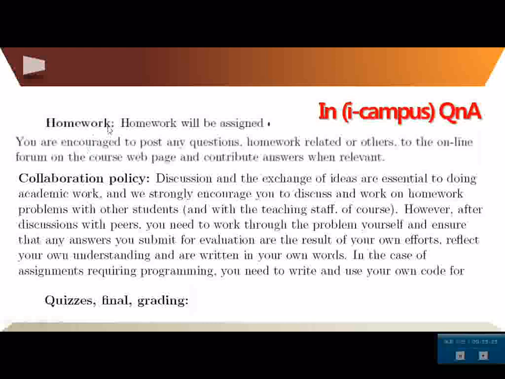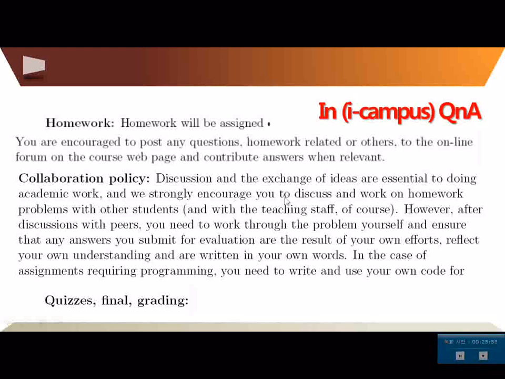Okay. So homework will be assigned, and you are encouraged to post any questions, homework related or otherwise, in the iCampus Q&A section on the course webpage. And I encourage you to collaborate together, as discussions and exchange of ideas are essential to doing this type of academic work.